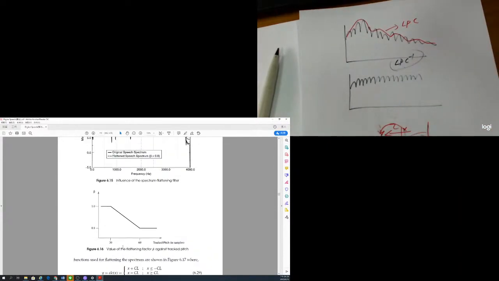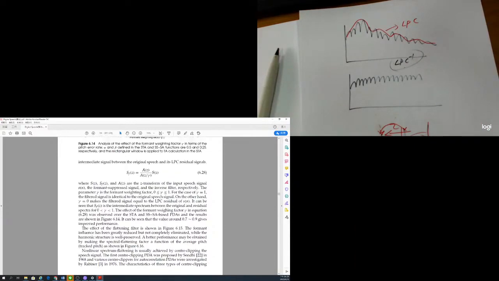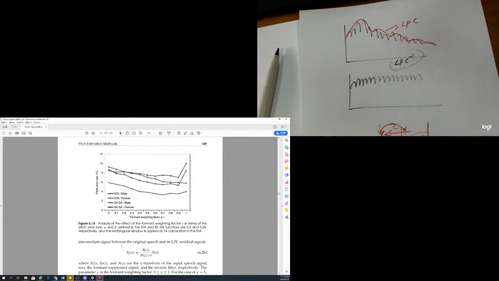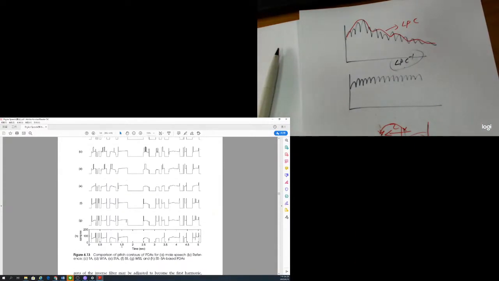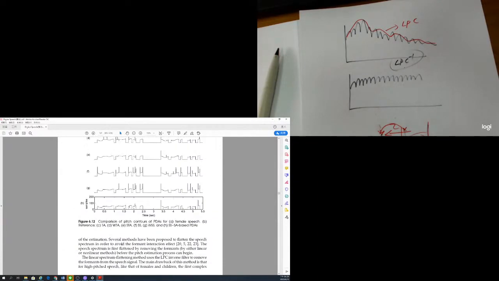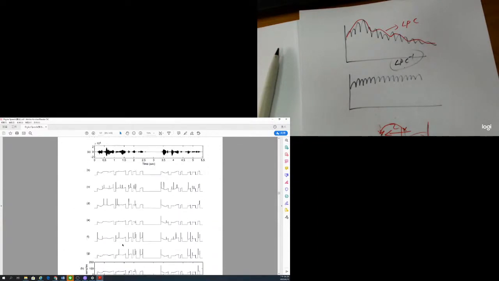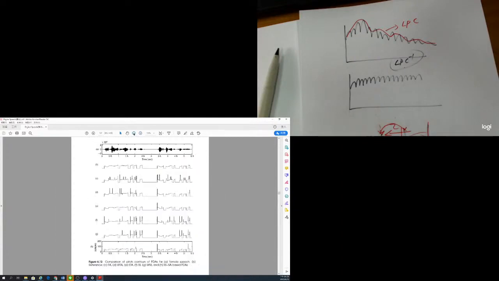Another point the textbook talks about in a little more detail: I go back to here. From this figure, they try to show many different approaches.